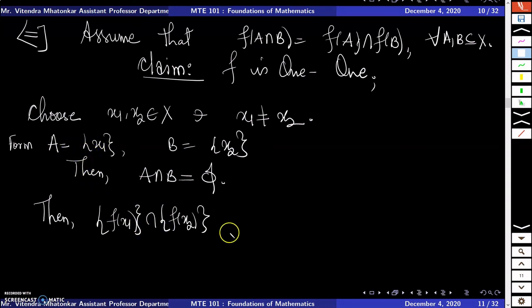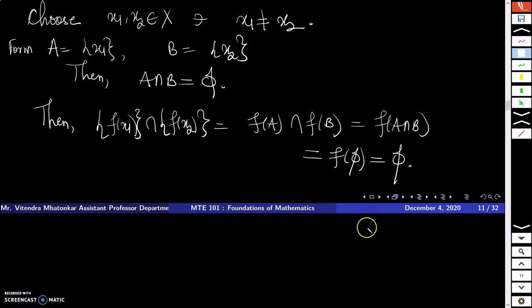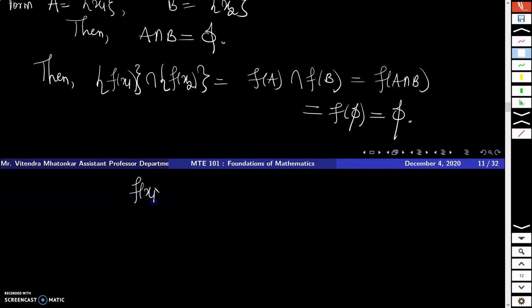So A contains only single point x1, so f of x1 is nothing but f of A, and f of x2 is nothing but f of B. So this is f of A intersection f of B. But by our assumption, f of A intersection f of B is f of A intersection B, and because A intersection B is empty, this is f of empty set, and that's empty. That means this set f of x1 intersection f of x2, intersection of these two sets is empty, and therefore f of x1 cannot be same as f of x2.